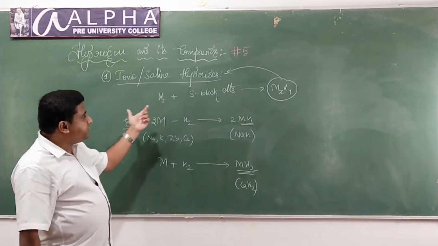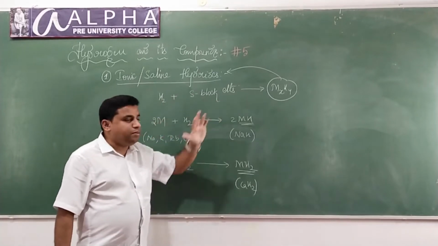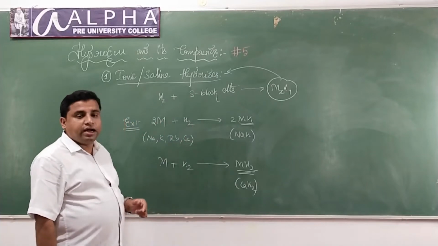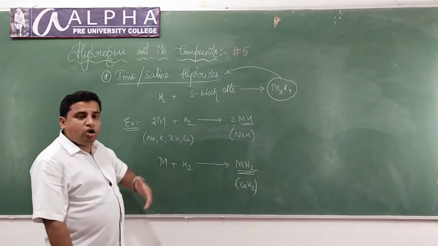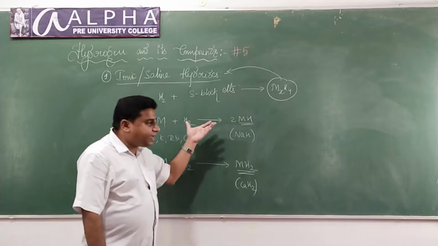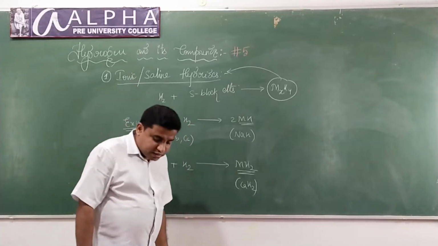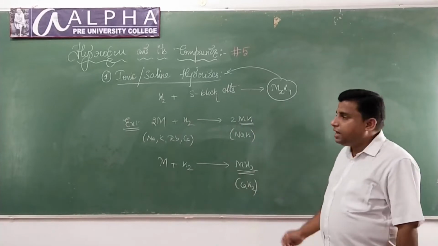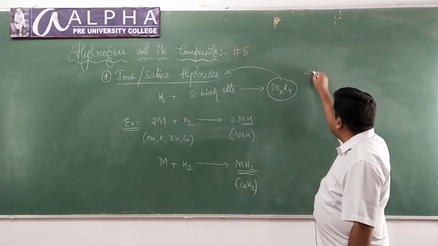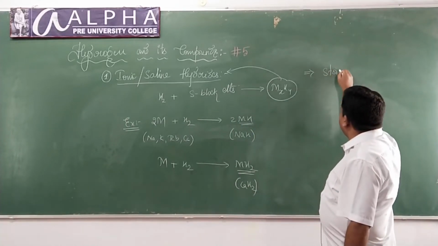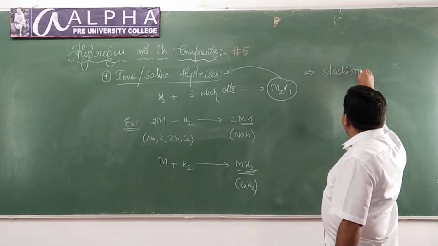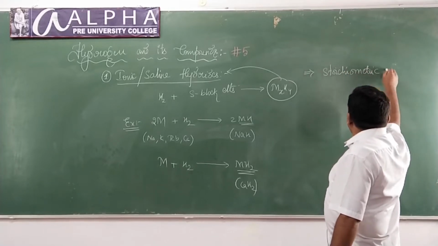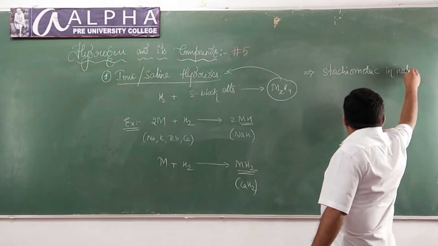So if hydrogen combines with S block elements, they form hydrides, and those hydrides are called ionic or saline hydrides. What are the characteristics of these hydrides? Remember, these ionic or saline hydrides are always stoichiometric in nature. What do you mean by stoichiometric nature?